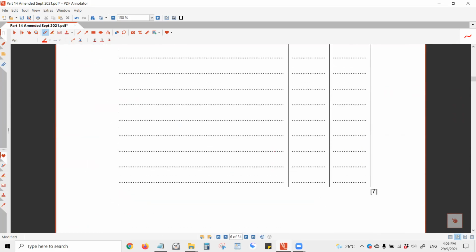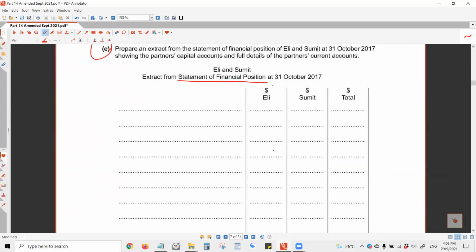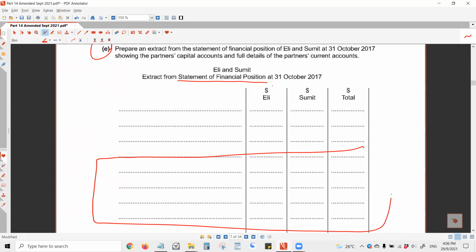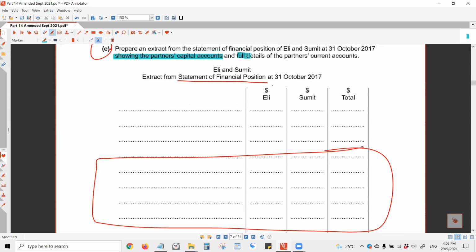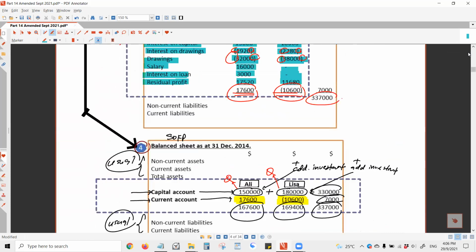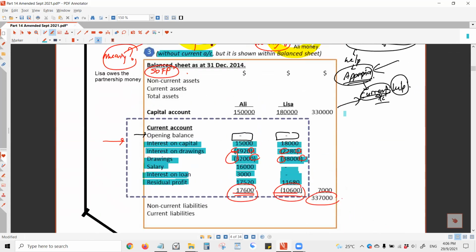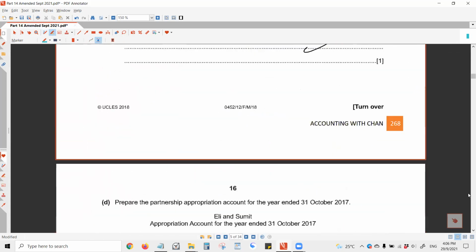What does it mean? It means that you have to show the current account information within the SOFP. If you see the question carefully, it also tells you exactly what I told you, showing the partners' capital and full details of partners' current accounts. Full details of partners' current accounts mean the one that I show you just now, like this. Get the idea, yeah?